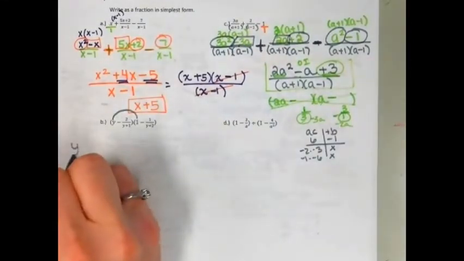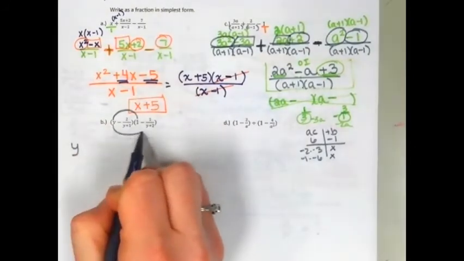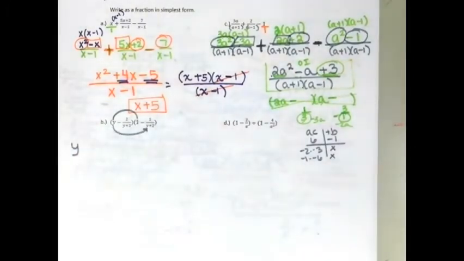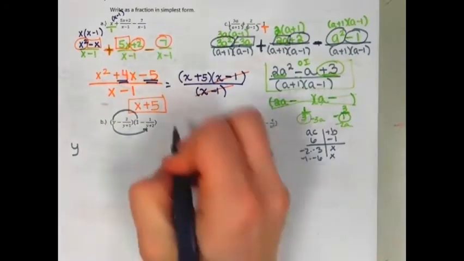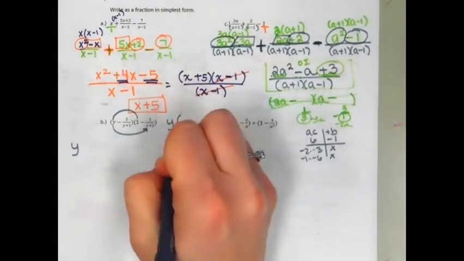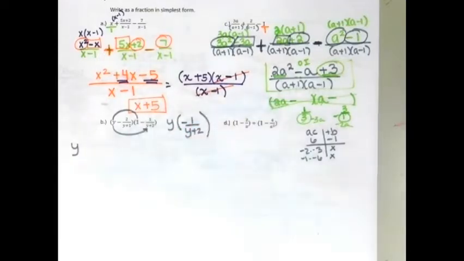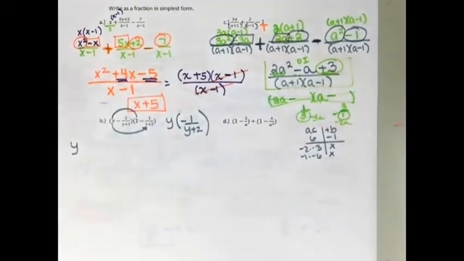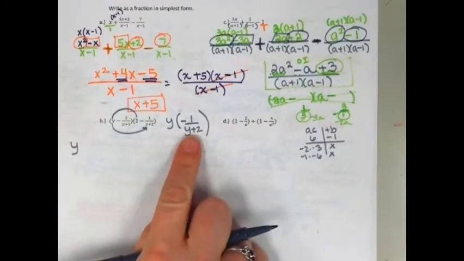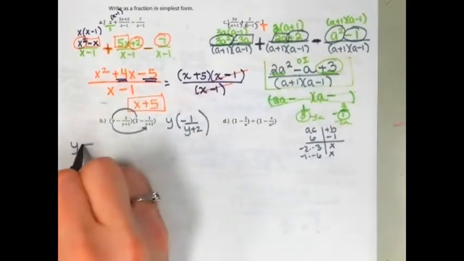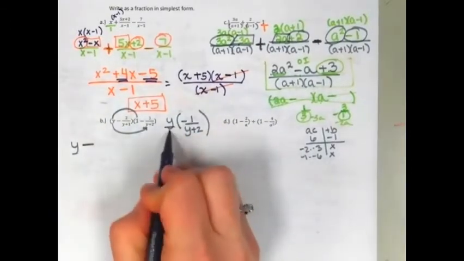What's y times 1? Y. We're going to take y times this, right? Now, if we're taking y times a negative 1 over y plus 2, could we do that? Yeah. A positive times a negative is going to be a negative, so we'll have a minus sign. And then y is the same thing as y over 1, right?